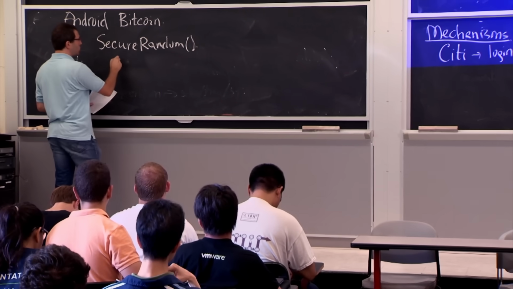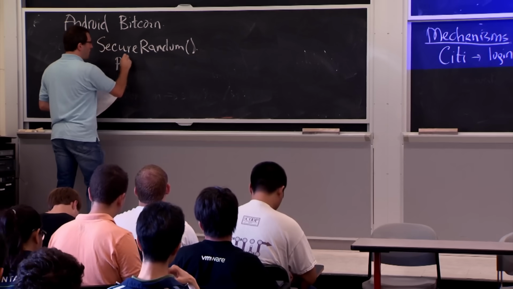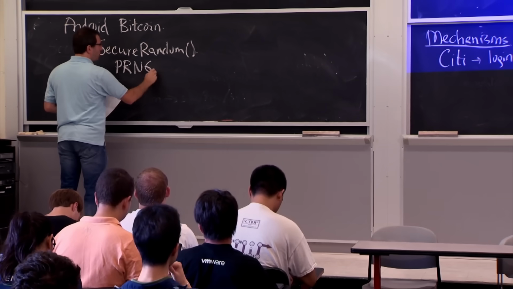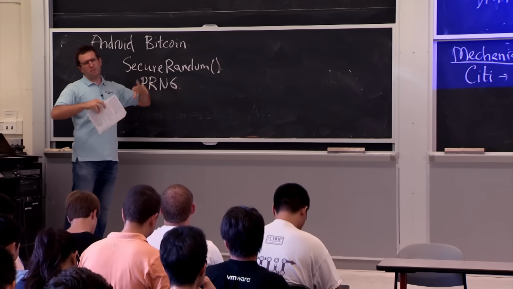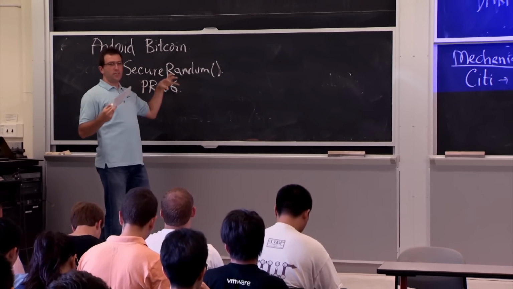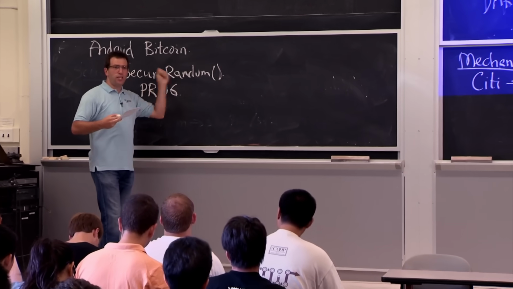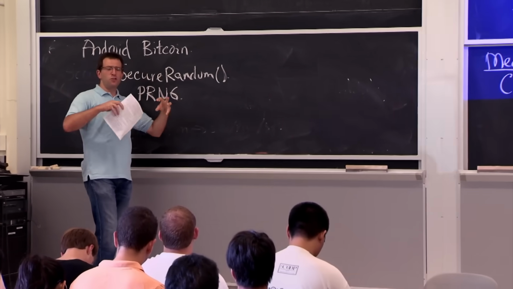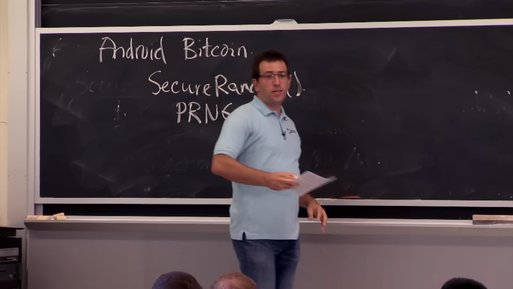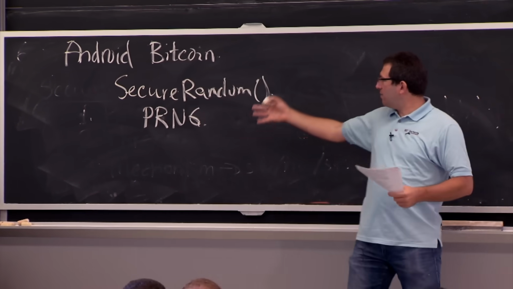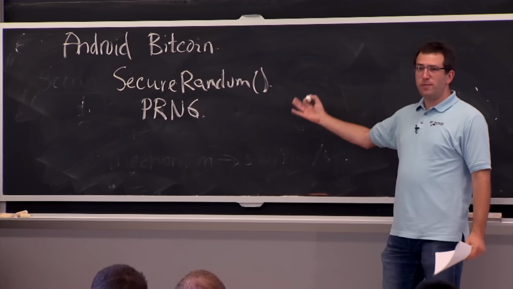Inside of it, there's this construction called a pseudo-random number generator, or PRNG, that given a particular seed value, like a couple of hundred bits of randomness, you shove it into this PRNG, and you can keep asking it for more randomness, and it can stretch these random bits into as many random bits as you want. So you seed it initially, and then you can generate as many random bits as you want.